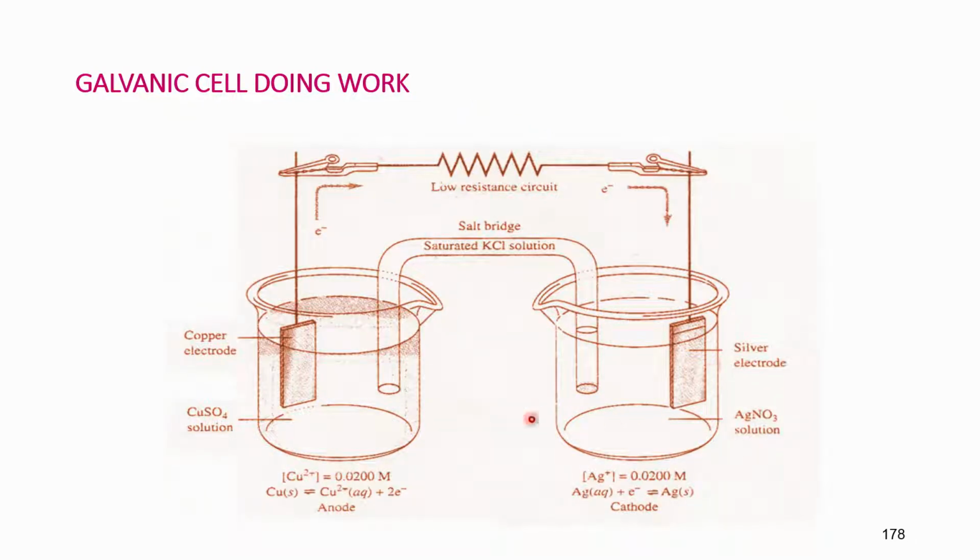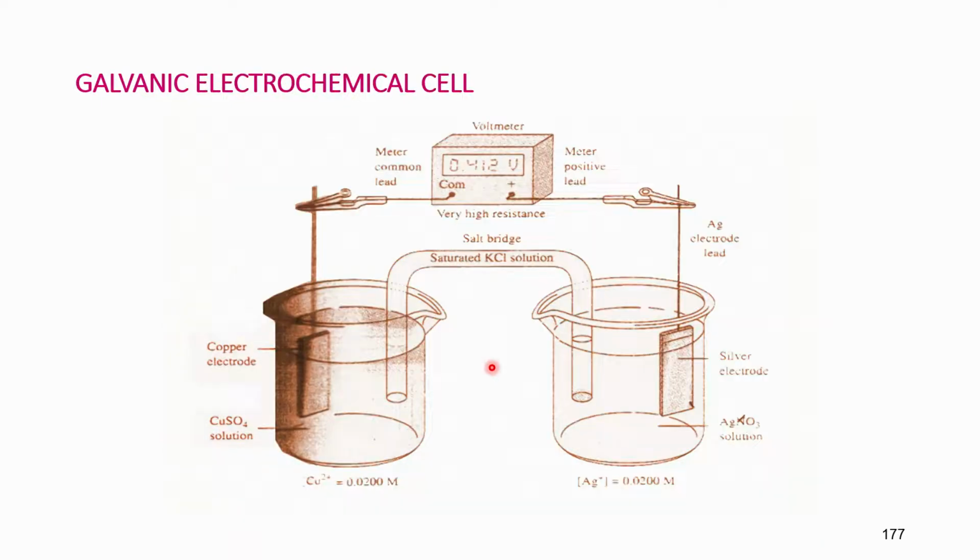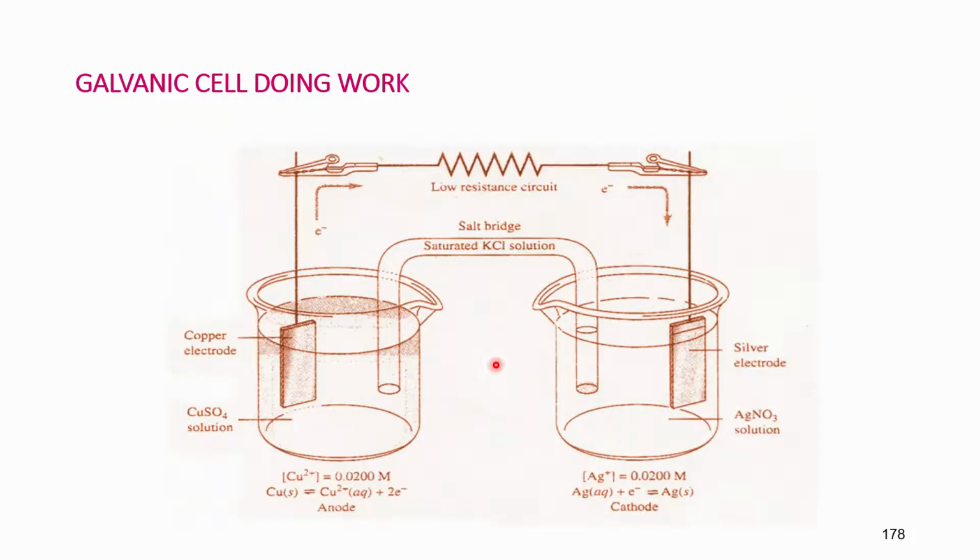Another system is something like this. This is a galvanic electrochemical cell, and this is how it will work. When I pass electric current, electrons will be moving from the anode, and this is the cathode.